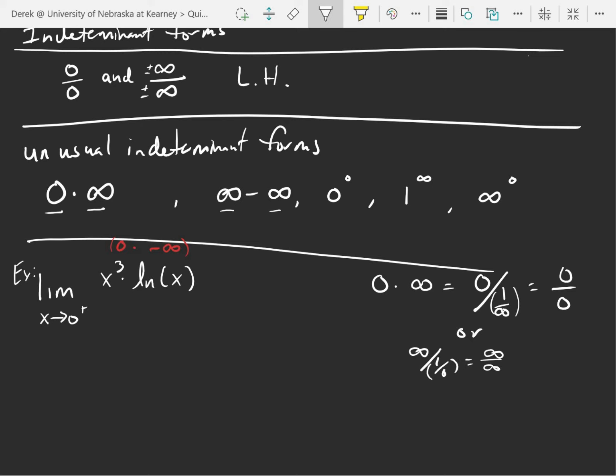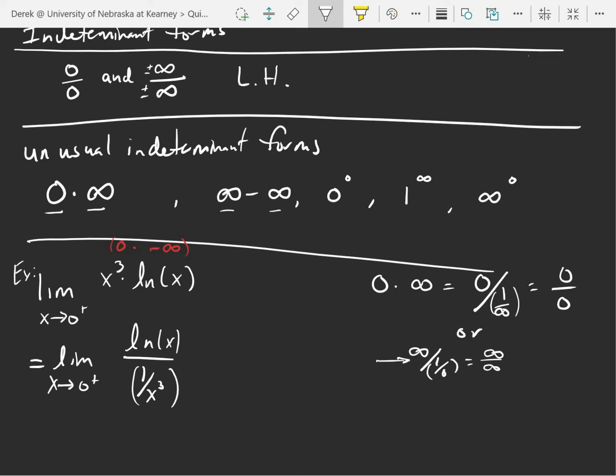So let's do the second one. So let's take this, and this is going to equal the limit as x goes to 0 from above of the natural log of x divided by 1 over x cubed. Okay. Multiplying by x cubed is the same as dividing by the reciprocal of x cubed.